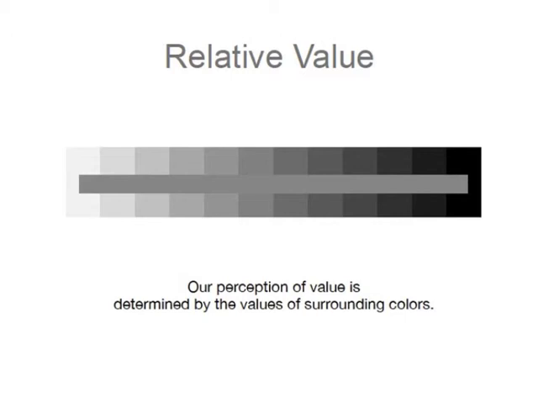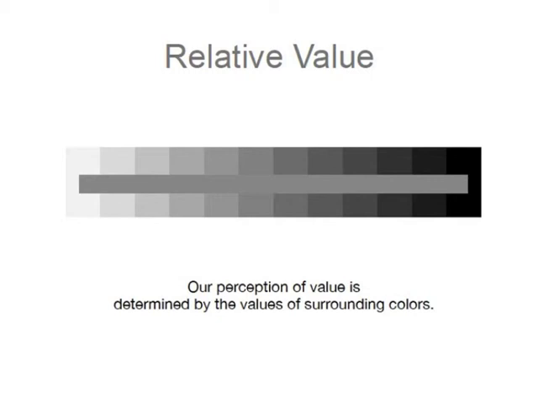So here we have a grayscale with a gray strip superimposed on top. And if you'll notice toward the left end, that gray strip appears dark on the lighter colors. And you notice on the right end that it looks light on the darker colors. The gray strip itself is not changing. It's the same gray.